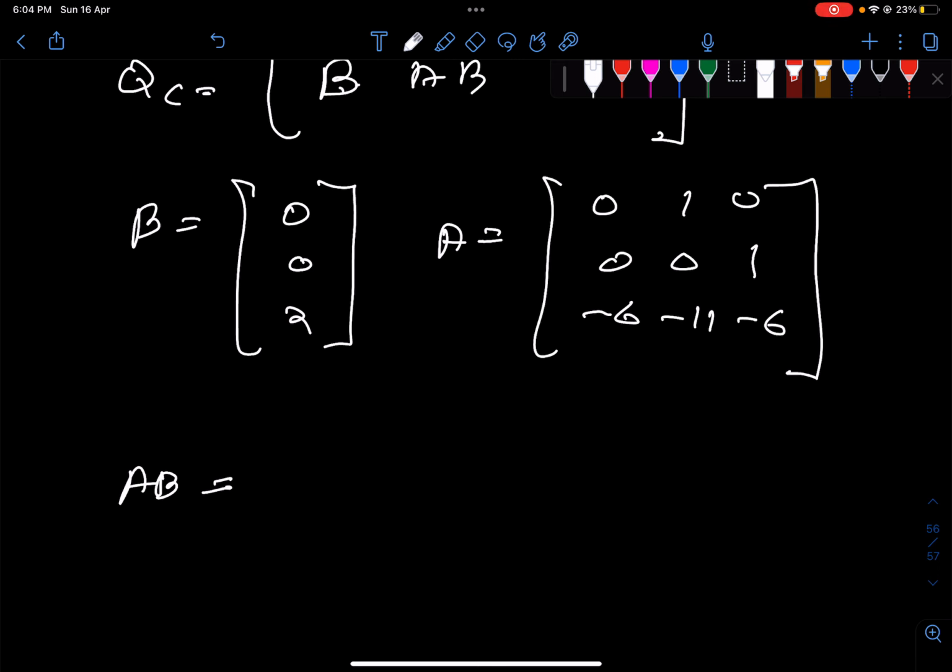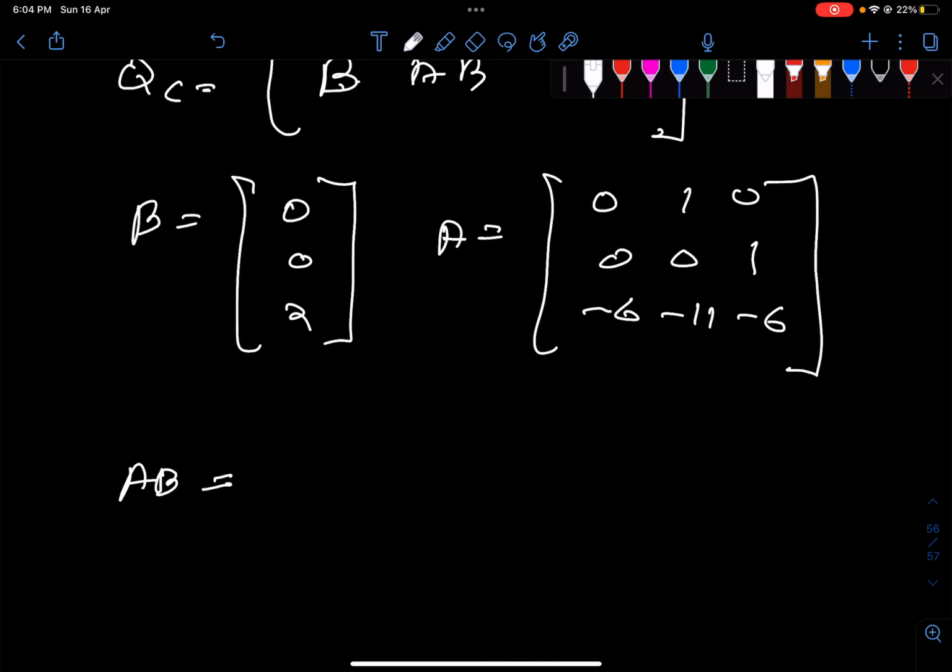What is our A matrix? 0, 1, 0 and 0, 0, 1. Next is minus 6, minus 11, minus 6. That is our A matrix. You define the second matrix: how many rows are there, guys? 3 rows. How many columns? 1 column: 0, 0, 2. It's okay, right?